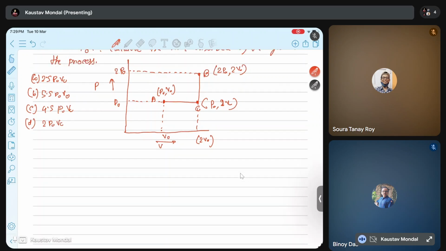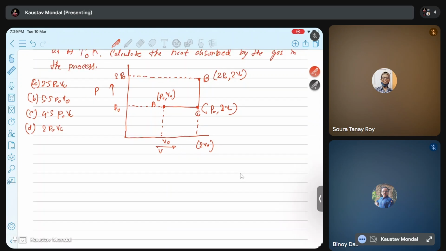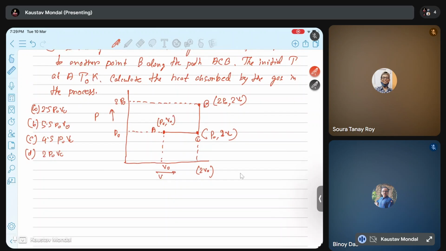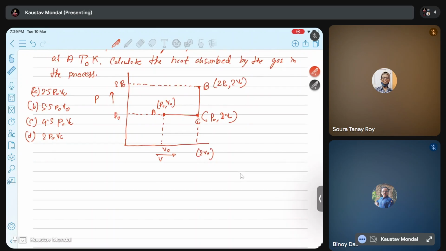Okay. So now, we know that during this whole process, from the first law of thermodynamics, dQ equals dU plus dW, right? We have to calculate this dQ, that is the heat absorbed. In order to calculate dQ, you have to calculate both dU and dW.